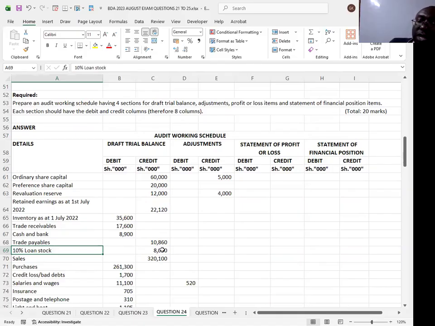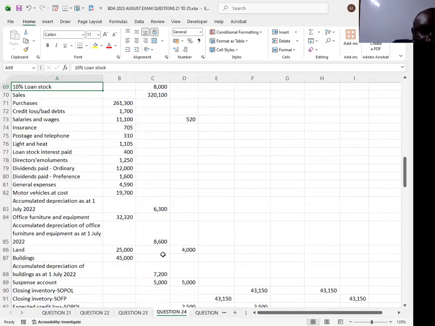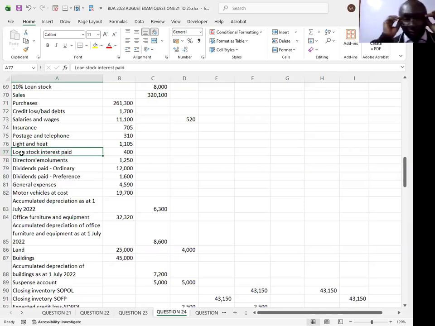So for the full year, it should be 800. But we are told here they paid, ndio hii kwa number 77, they paid half. So we need to recognize full.